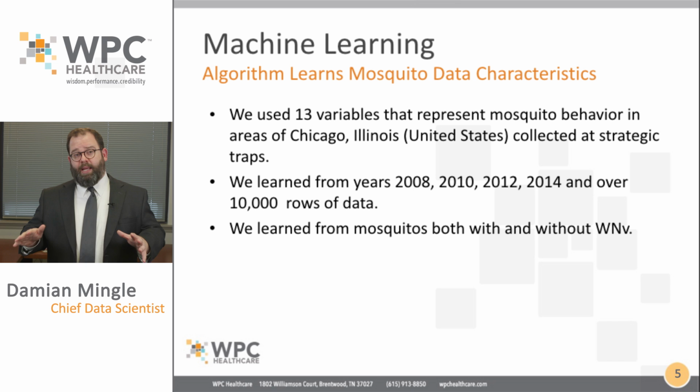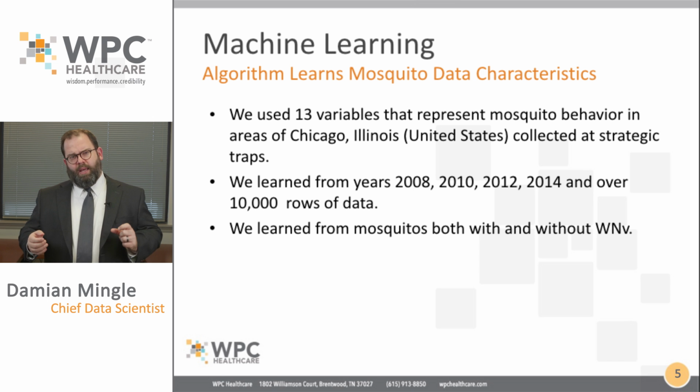They were already enacted in the sense that the city of Chicago was already performing surveillance on mosquitoes in the area. So it wasn't any new request, a new way to ask for the data. It was data that was already being collected. And we learned from the years 2008, 2010, 2012, and 2014, and there were over 10,000 rows of data.